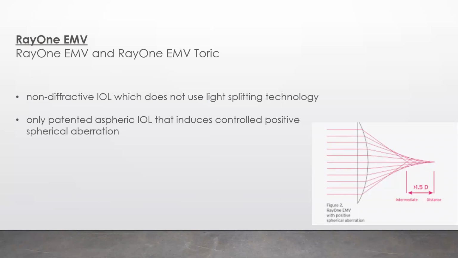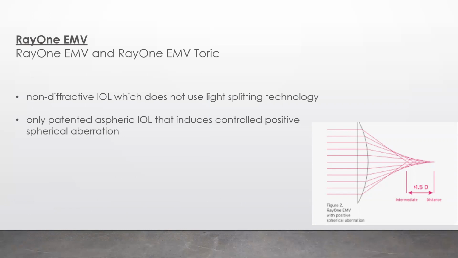Next, we have the Raven EMV type of lenses. This is again available in non-toric and toric forms. This is a non-diffractive IOL which does not utilize any light splitting technology. And this is the only lens that mentions a controlled positive spherical aberration.